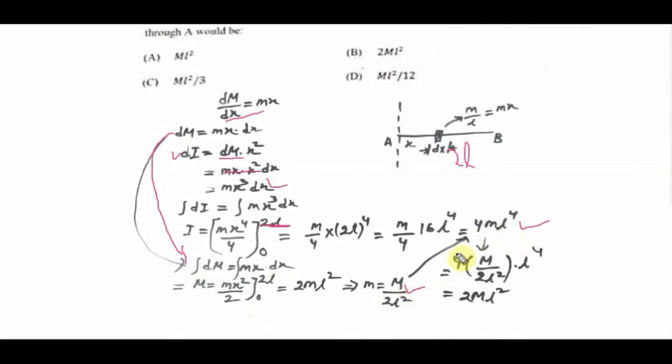So by putting the value of m here, 4 ml to the power 4, we have 4 into capital M by 2L square into L to the power 4. So 2 will be cancelled here, and here 2 is also cancelled. That equal to 2 into ml square. So option B is the correct answer.